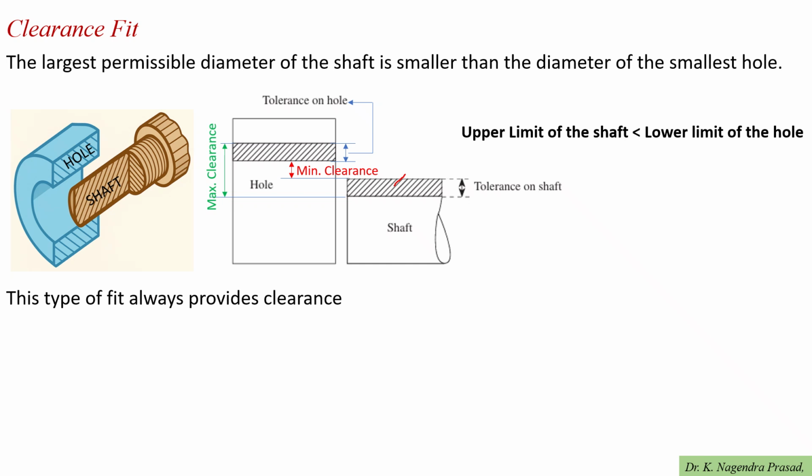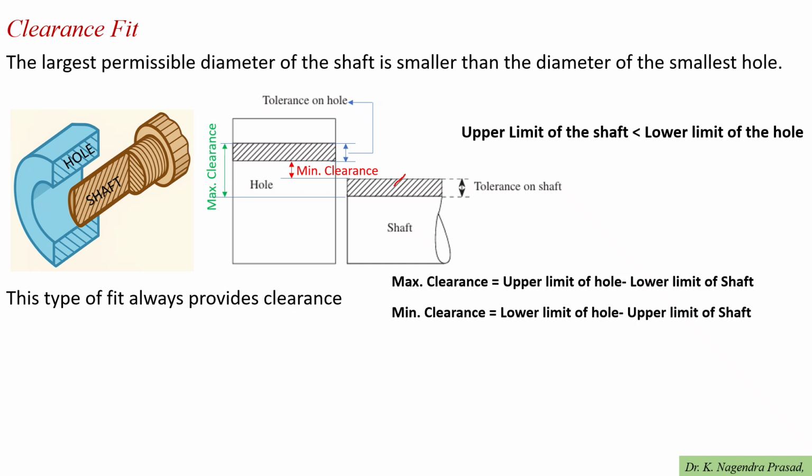And clearance fit always provides clearance. The amount of the clearance depends on the limits of the hole and the shaft. Maximum clearance is the difference between the upper limit of the hole and the lower limit of the shaft. Let's see it in the picture.